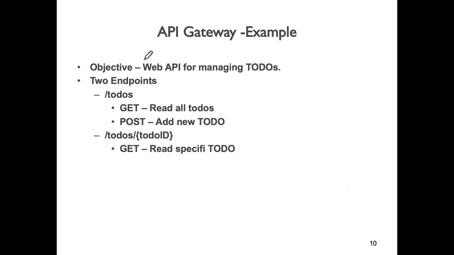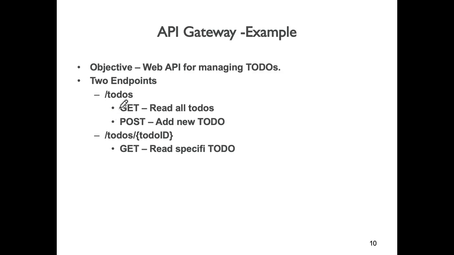Let's take a simple example. Suppose we've got this web API and it's an API for managing to-dos, your classic 101 example. I've decided that my web API will have two endpoints. One endpoint is the /todos endpoint, and it can have either a GET request or a POST request.